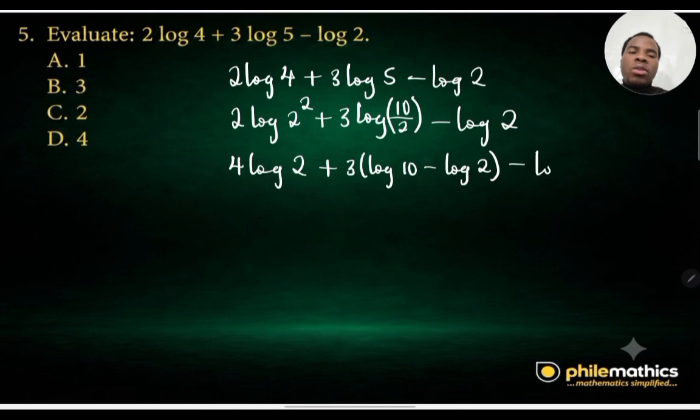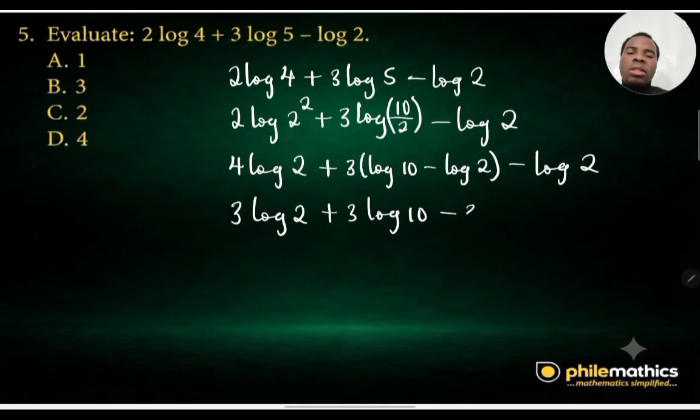We still have minus log of 2. 4 log 2 minus log 2, we have 3 log 2, and then we have plus 3 log 10 minus 3 log 2. Remember, all these logarithms are in base 10. So whenever you do not see the base, it is usually assumed that the base is base 10.